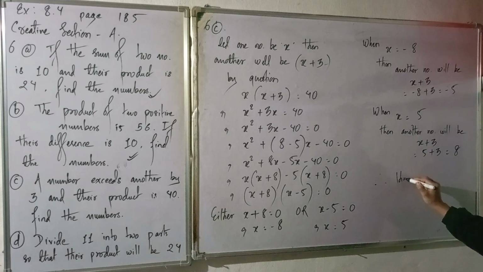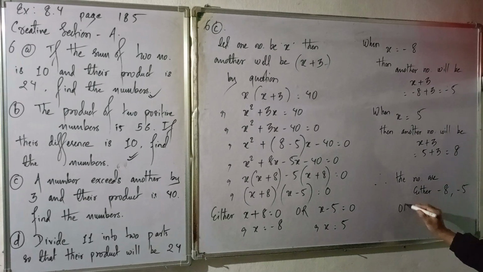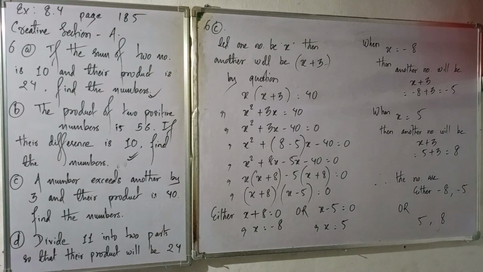Therefore the numbers are either minus 8 and minus 5, or 5 and 8. This is the answer, this is how you represent it.